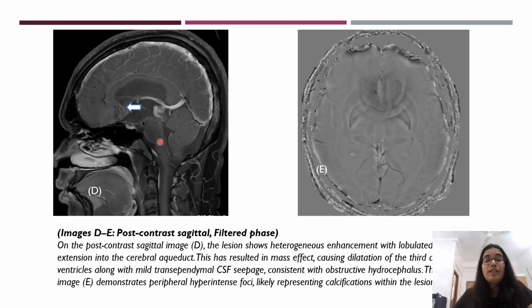On post-contrast imaging, we can see that it is heterogeneously enhancing, and there is a lobulated extension in the cerebral aqueduct, and it is causing upstream mild hydrocephalus.